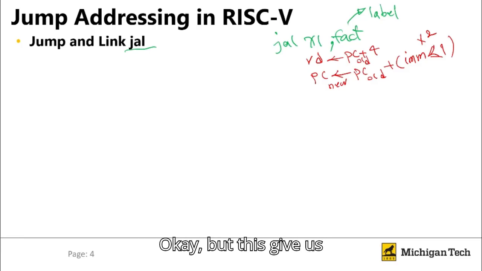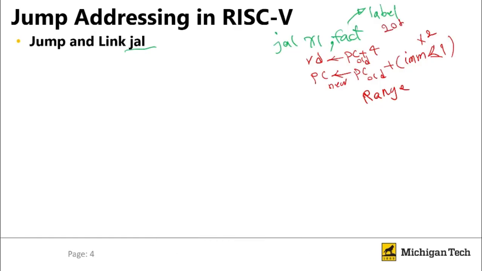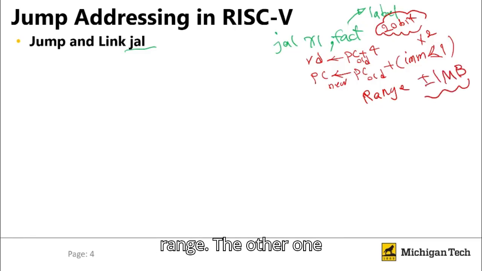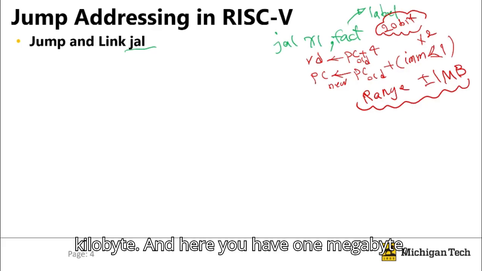This gives us a range of jumping, because this is 20 bits, so it gives us plus or minus 1 megabyte range. The other one was just 4 kilobytes because it was just 12 bits. It was 4 kilobytes, and here you have 1 megabyte.